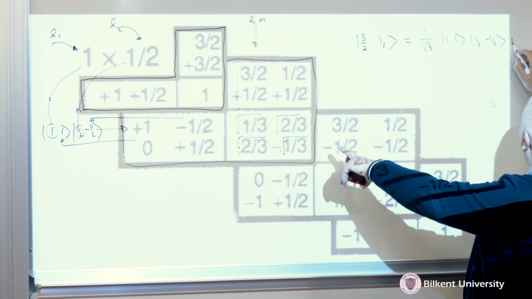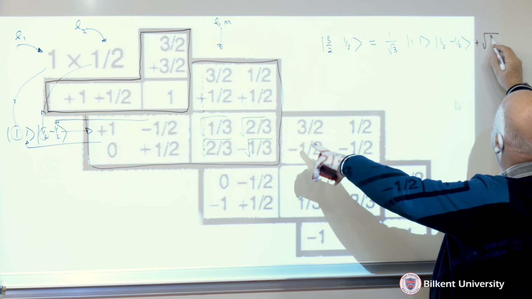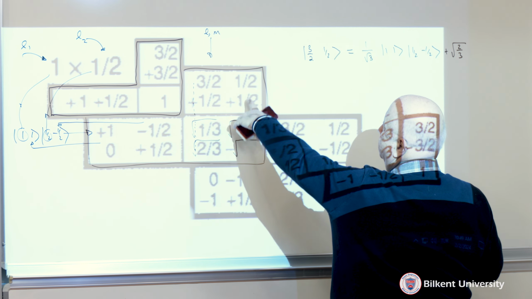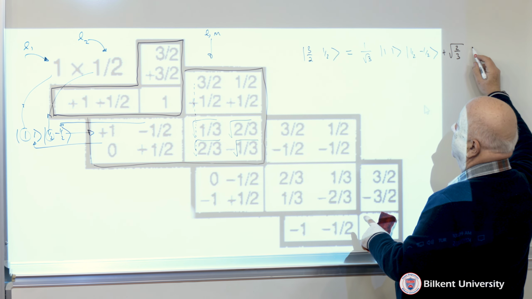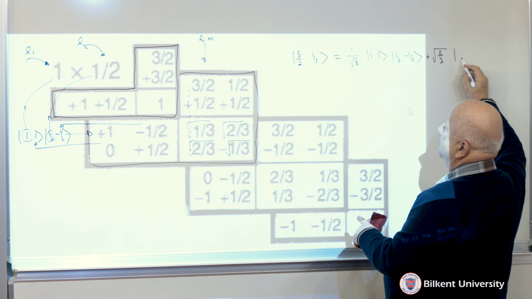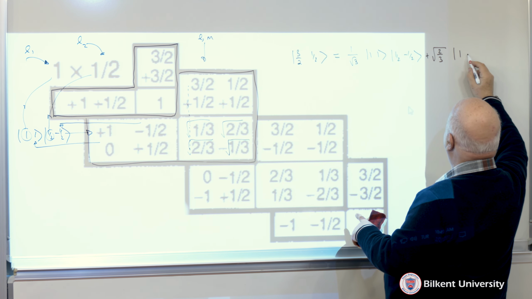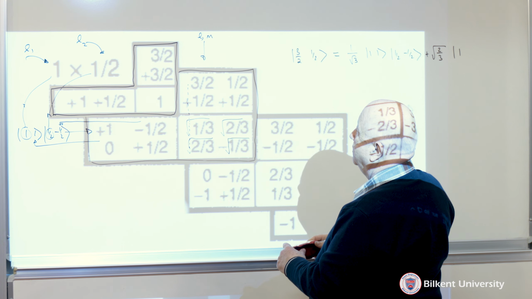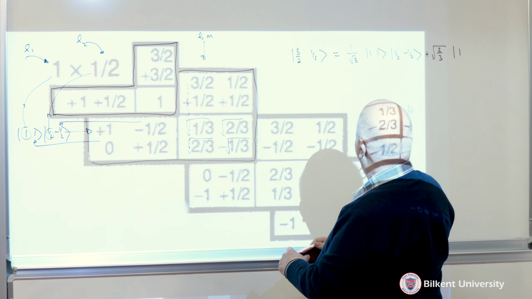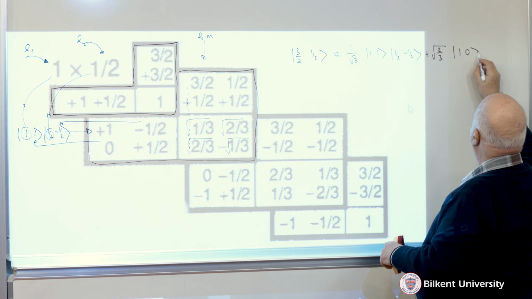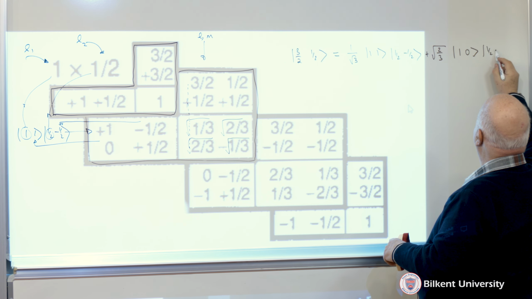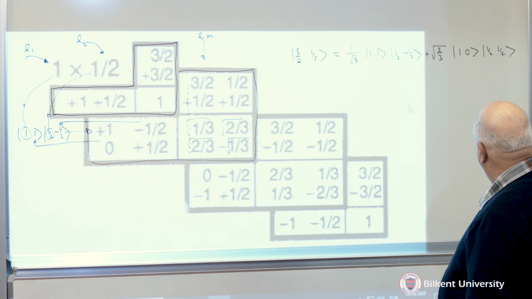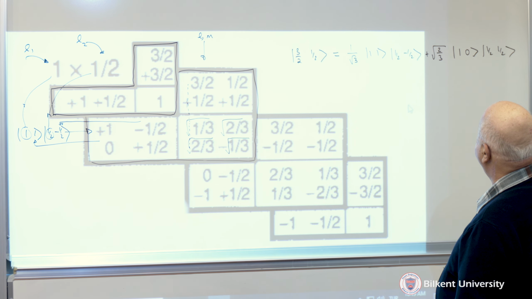And then I have 1 plus square root of 2 over 3, and that corresponds to this one, 1, 1, 0, and 1/2, 1/2, right? That's what I have over there. Okay, so that's correct.